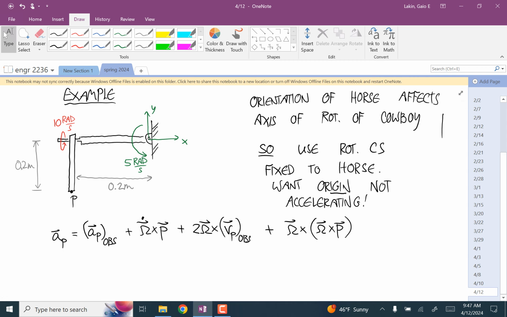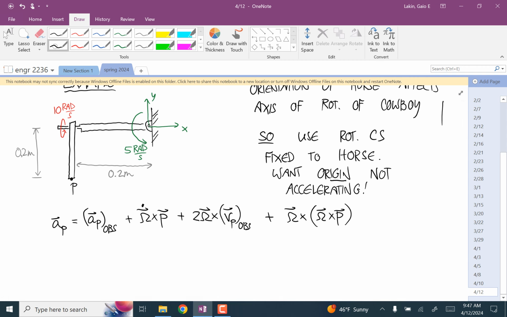Okay, and let's start filling this stuff out. Capital omega, that's 5 in the positive z direction. Capital omega dot is 0.